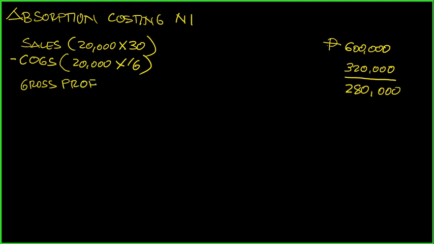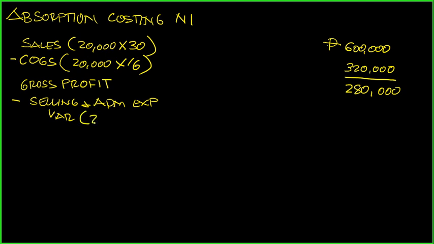Gross profit. From your gross profit, we deduct our selling and administrative expenses. How much will be our selling and administrative expenses? There are two components, the variable and the fixed. Let's start with the variable.